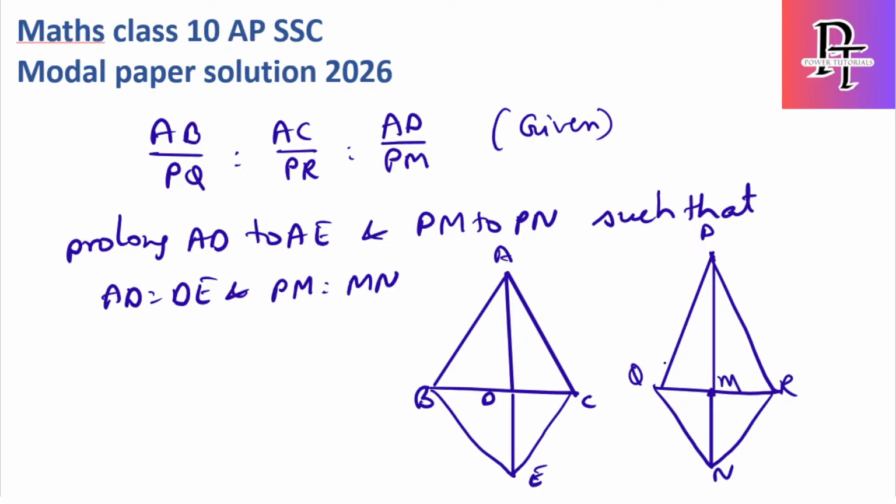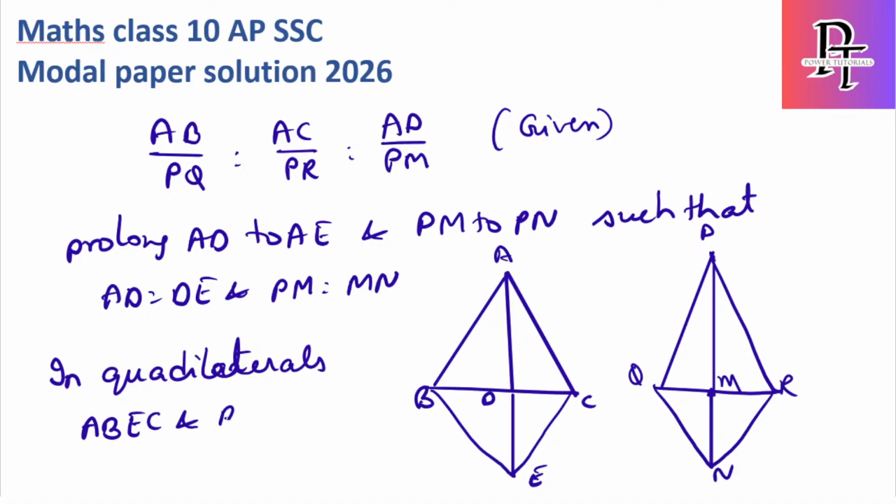Now if you notice the two quadrilaterals ABEC and PQNR, what is happening?